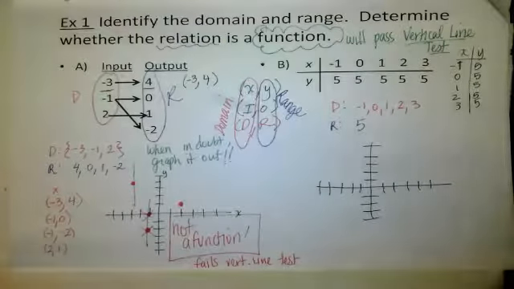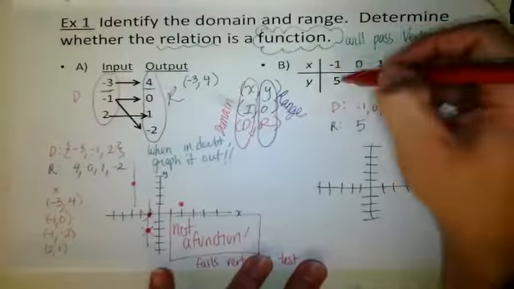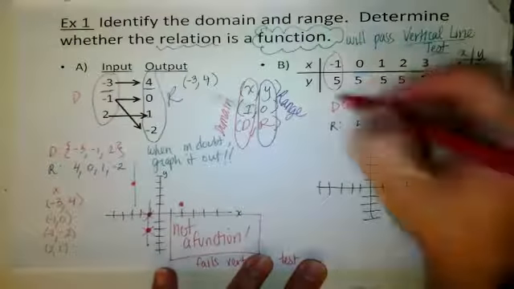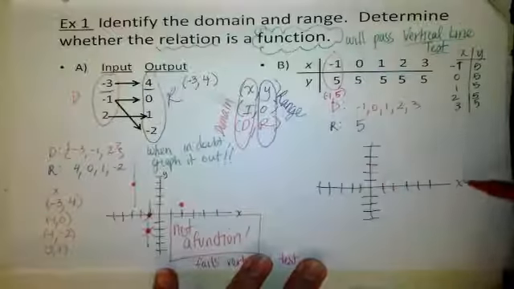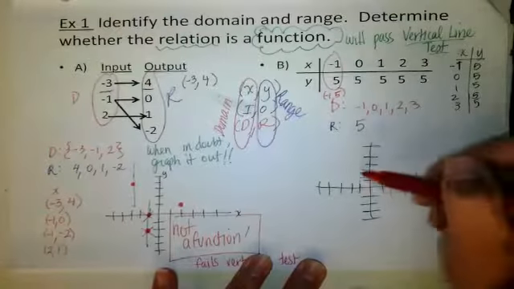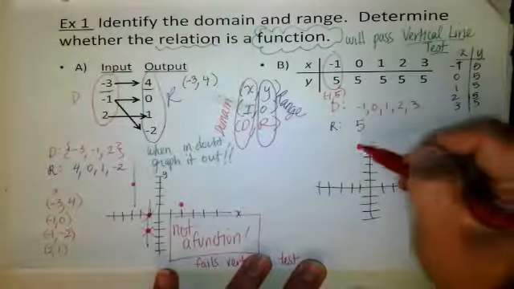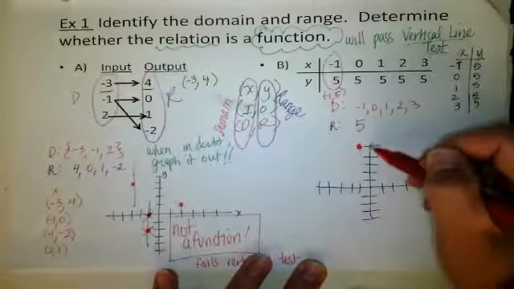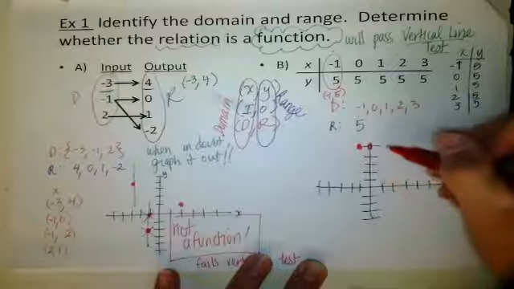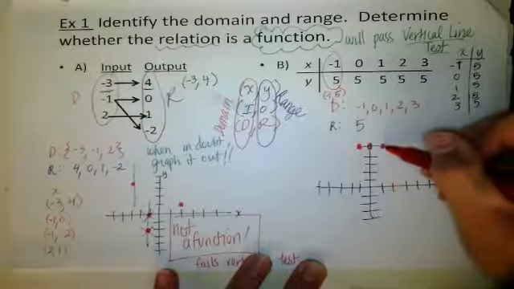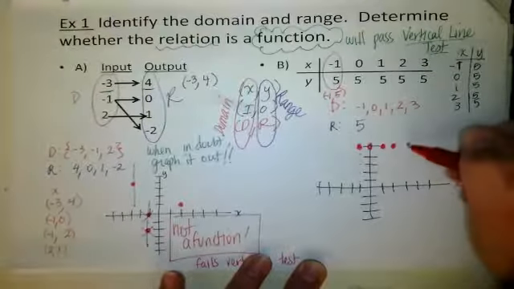And what's one of the ordered pairs I'm going to graph? -1, 5 right there. -1 for the x, 5 for the y. So on the x-axis, -1, up 1, 2, 3, 4, 5. We're right there. What's another ordered pair? 0 on the x, 5 for the y. What's the next ordered pair? 1, 5. 2 on the x, 5 for y. 3 on the x, 5 for y.